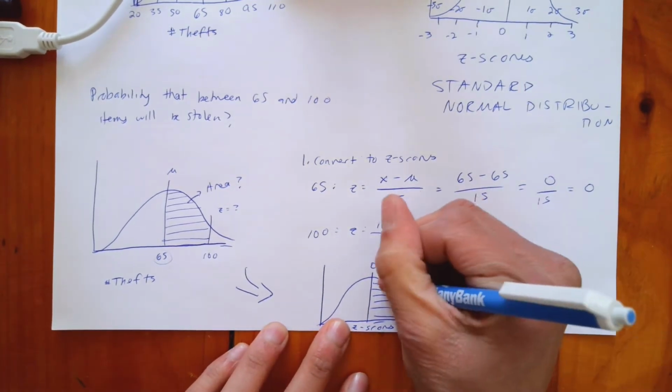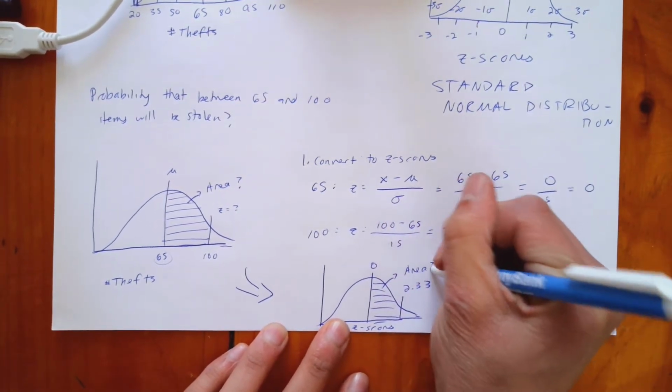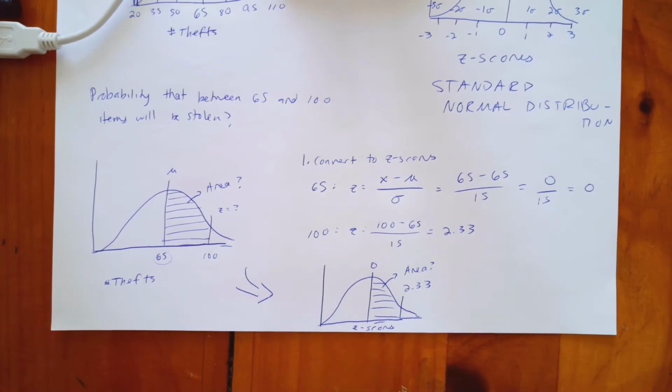And we still want to know the area under the curve between 0 and 2.33 z-scores here. Once we find this area, we'll automatically know this area because, again, every single thing is the same between these two things except what we're counting in.